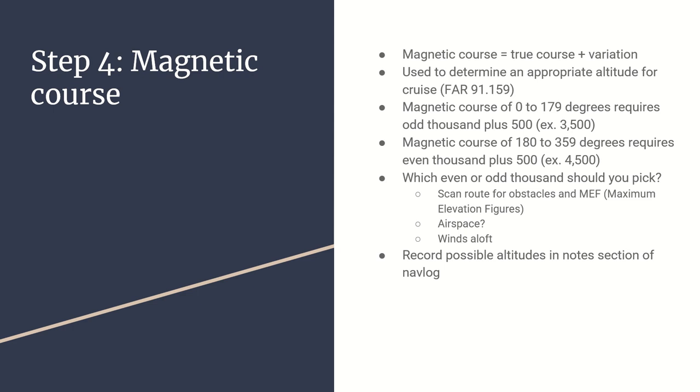Okay. So, which altitude should you pick? We kind of already discussed that a little bit, but if there are obstacles that are really high up, and you might see that there's a high maximum elevation figure in an area, if you've got higher things that might pose a hazard or risk to you, then you might do well to pick a higher altitude.